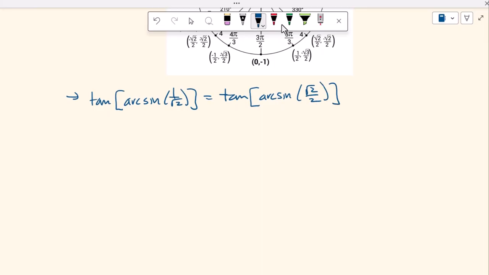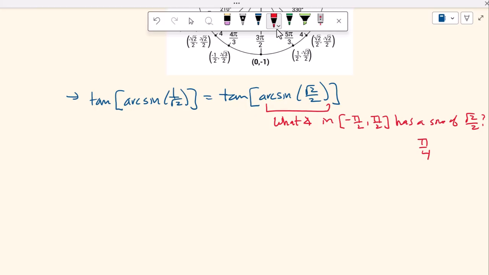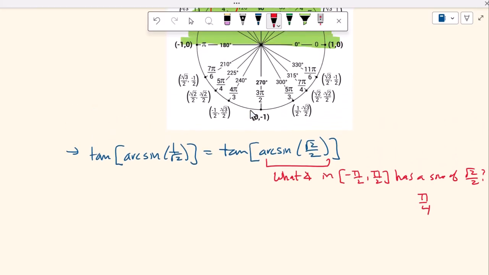So this is asking us the question right here: what angle in the interval from negative to positive pi over 2 has a sine of square root of 2 over 2? Okay, and the answer is going to be pi over 4. Okay, we can see that coming right up here.